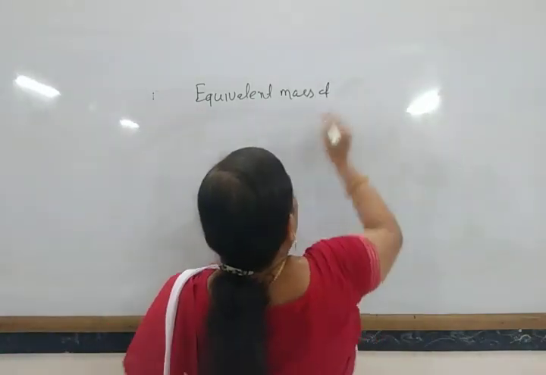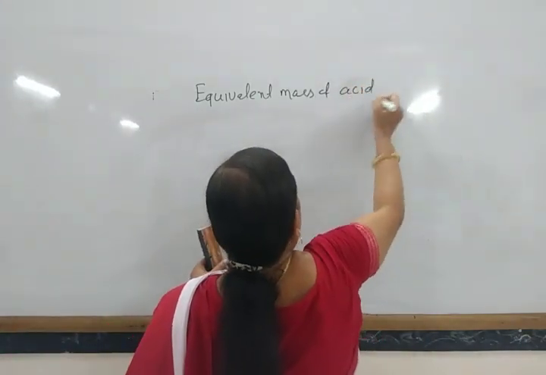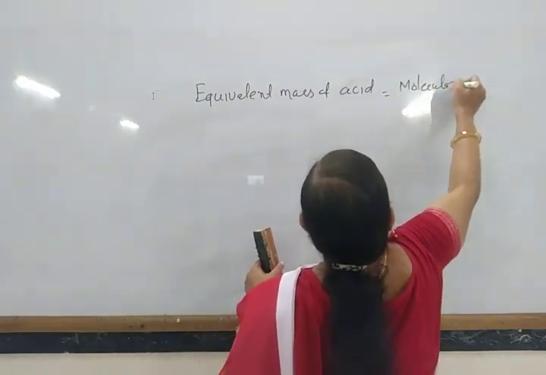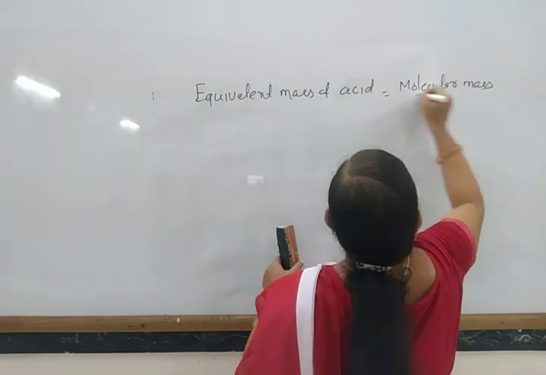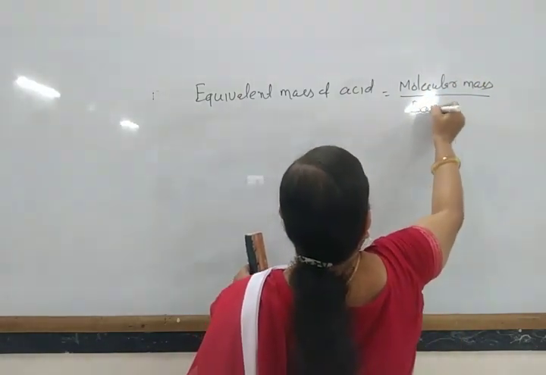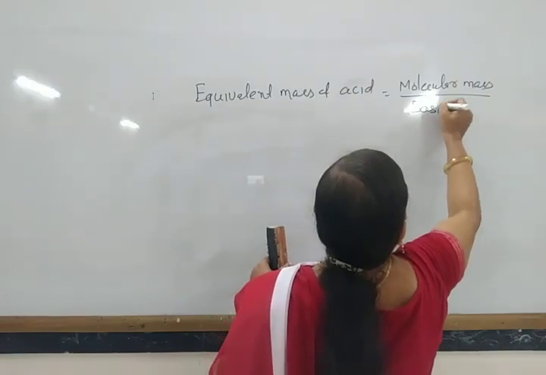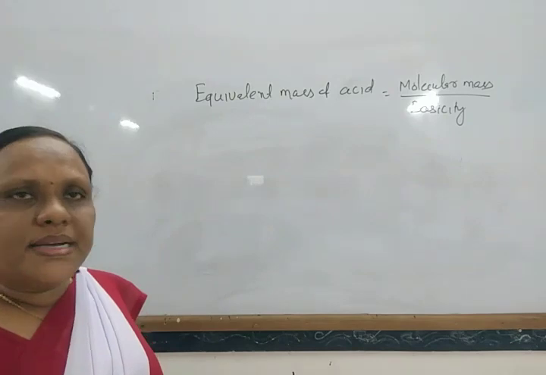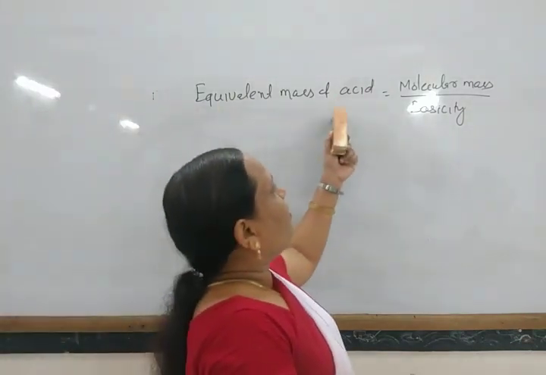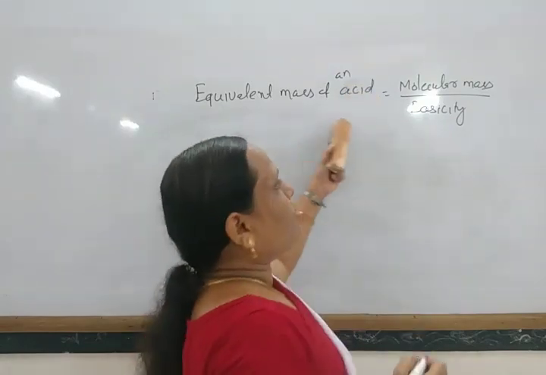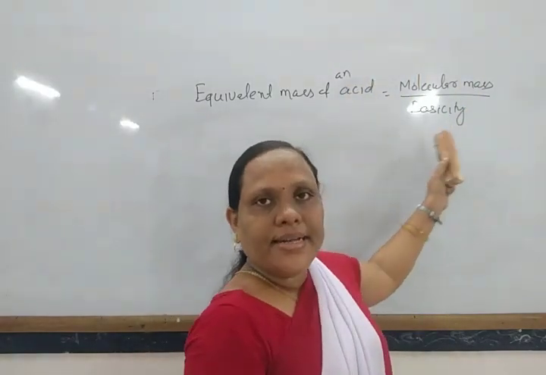The equivalent mass of an acid equals its molecular mass divided by its basicity.